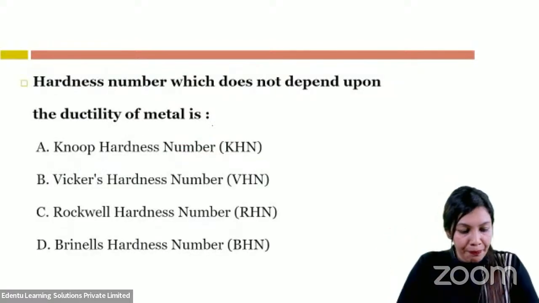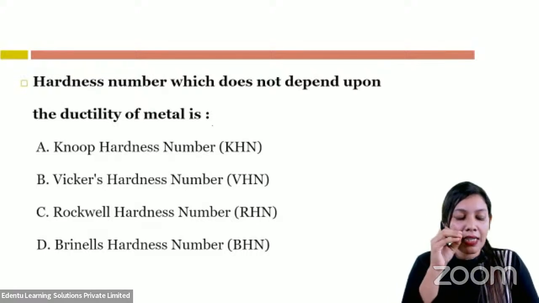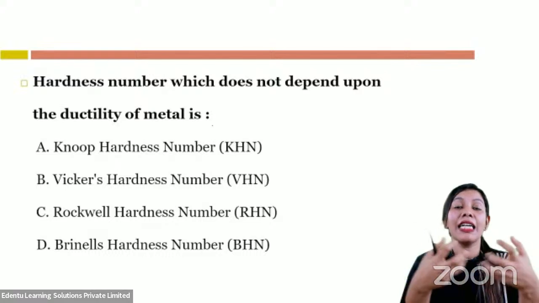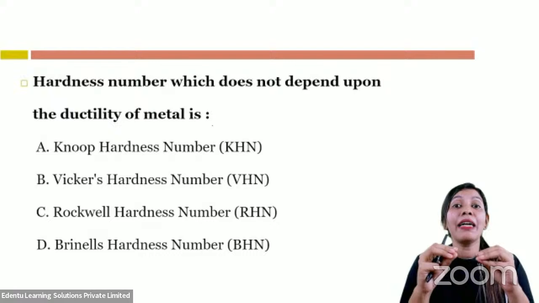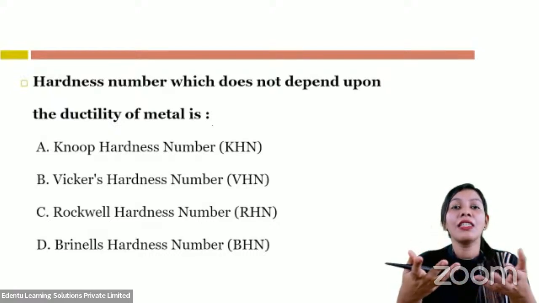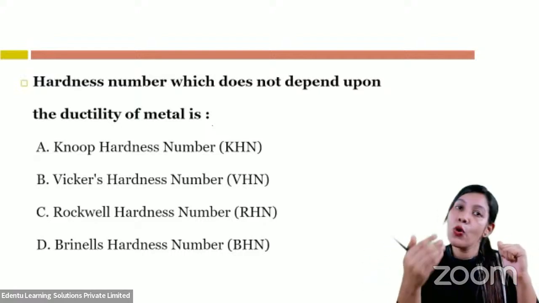Another important question: the hardness number which does not depend upon the ductility of a metal means what? As I said, ductility of the metal means there will be elongation taking place, means tensile force taking place, right? Brittle materials, we cannot apply a tensile force. So which is the test where brittle materials are used? That is the Knoop hardness test.